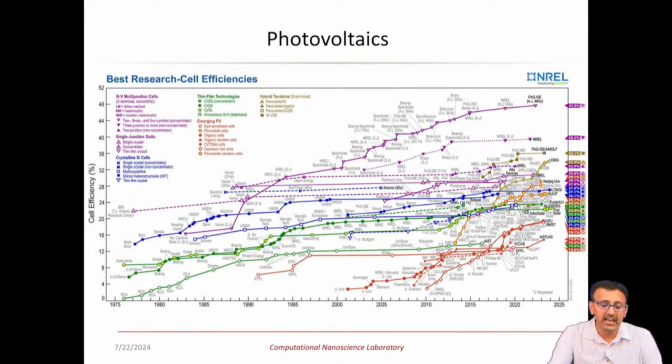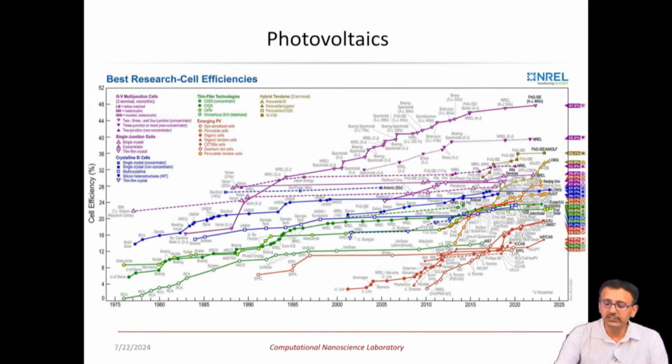There is the cadmium telluride solar cell, which is also commercialized to a certain extent. You see these green circles with yellow filling in here. So, that is cadmium telluride. Both these technologies, silicon and cadmium telluride, have been around for a long time, since at least the 80s.